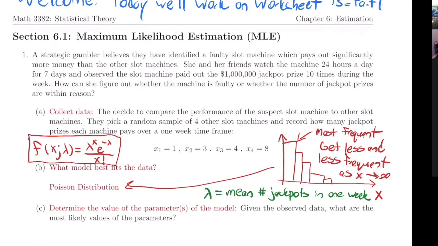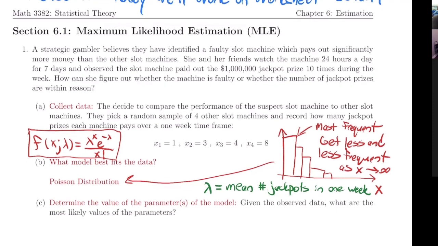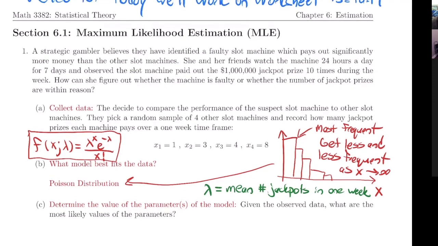You collect some data and then you want to figure out, well, what is the best model that's going to fit this data? It's a complicated question and there are different methods for doing that. First we'll talk about this method, maximum likelihood estimation.